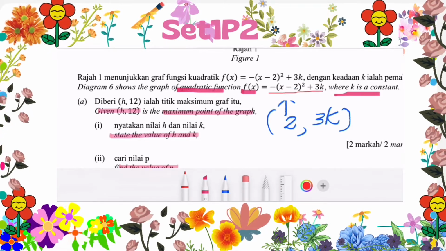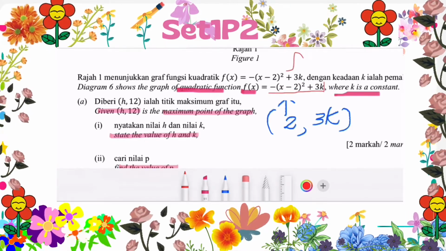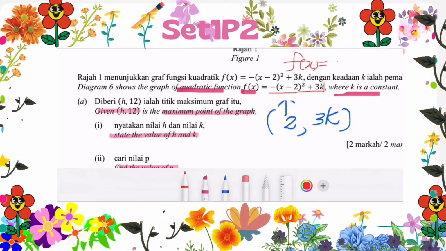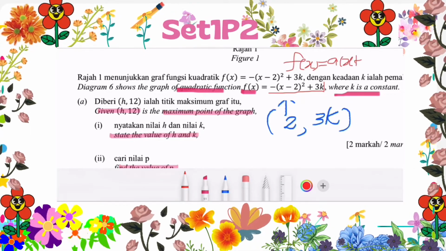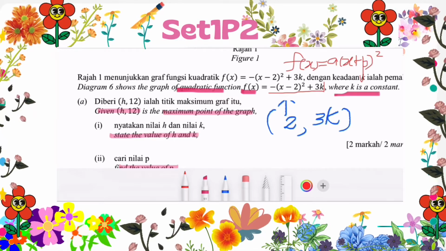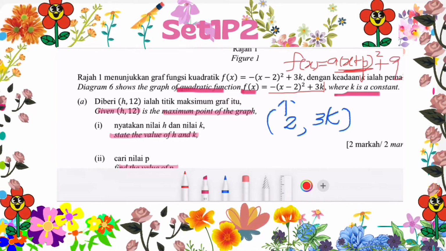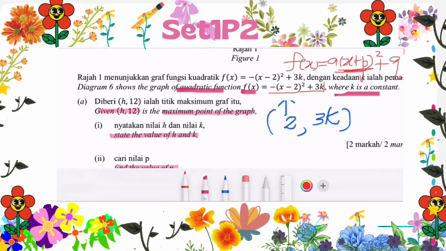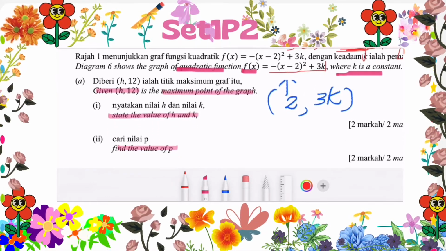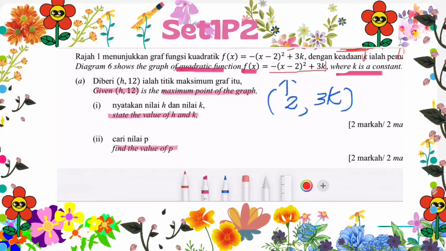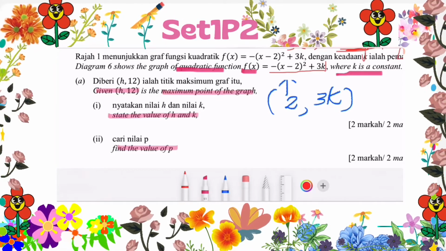Vertex form always comes with two terms. This is one term with a perfect square plus a value, right? The value can have more than one term sometimes, so you must make sure you assume it's one term.